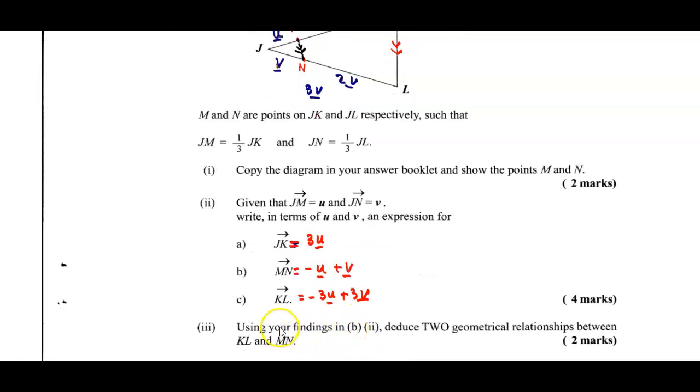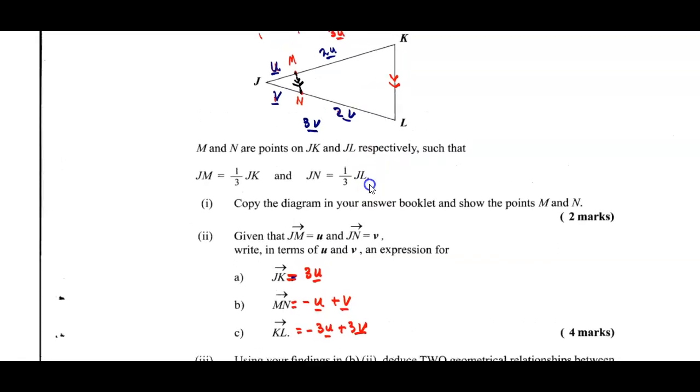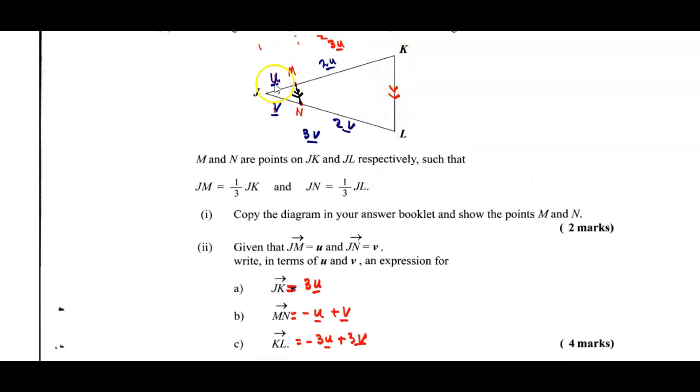So part 3 now, you are required to deduce two geometrical relationships between KL and MN. So let's look at KL and MN. MN is minus u plus v and KL is minus 3u plus 3v.